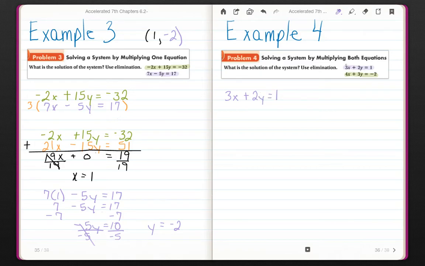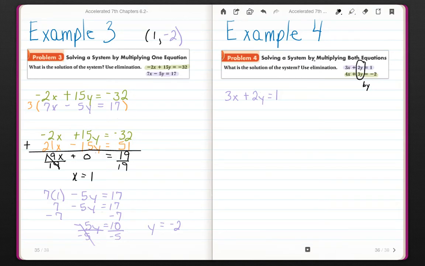Now I notice I have 3x and 4x, 2y and 3y. While 3 and 4 have a common multiple of 12, 2 and 3 have a common multiple of 6, I'm going to go with a common multiple of 6. It's going to get me a little bit smaller numbers. So we want to get both of these to be 6y.